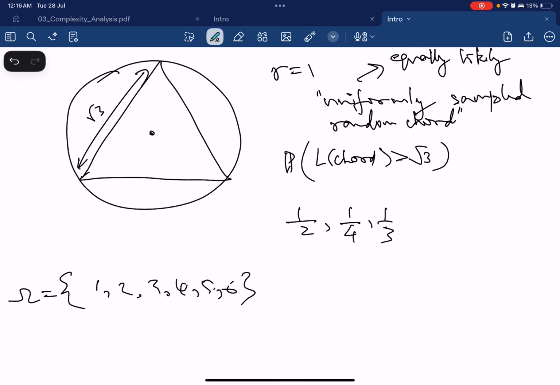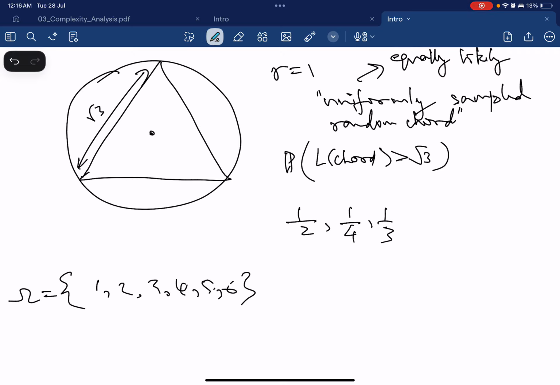Then I assign a number p to each of these outcomes. Why am I assigning the same variable p? Because they're equally likely, and the normalization criterion tells me that p must be 1/6. So that very simply works out, right, in the JEE sense.